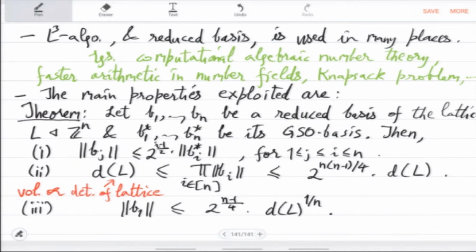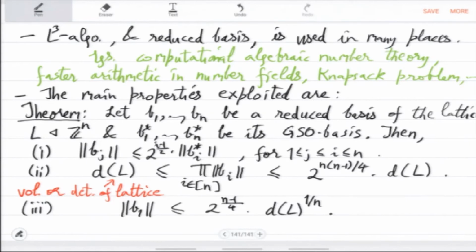So from that you will get that B1 is smaller than the right-hand side raised to the power 1 by n.